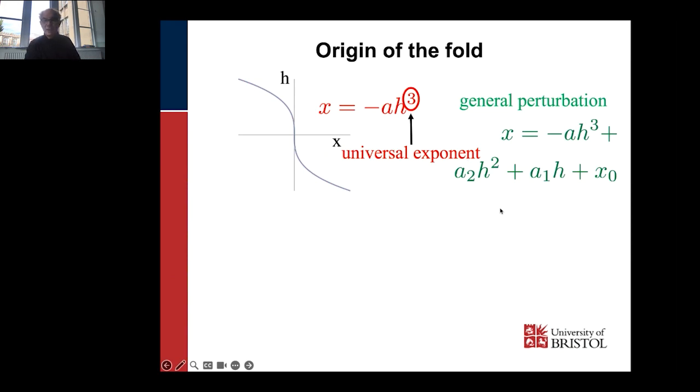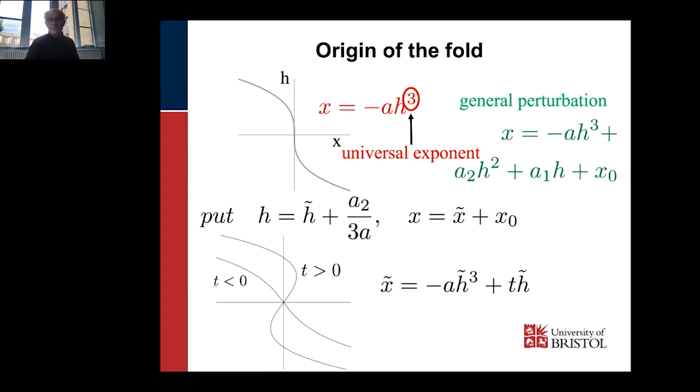And it's easy to see that simply by a shift in h, I can always eliminate the quadratic term here, and I end up with a universal family of curves which describe the transition from an unfolded smooth curve to something that has been folded over.